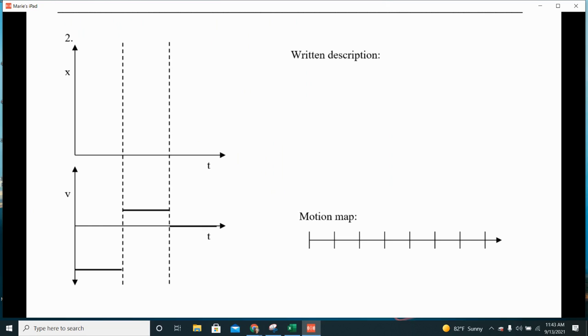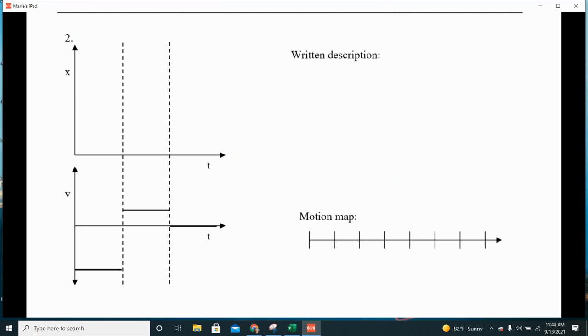If your friend only tells you how fast they're going, you have no idea where they are. So that means that I have no idea where I started, because all you're given on a velocity versus time graph is how fast you're going.